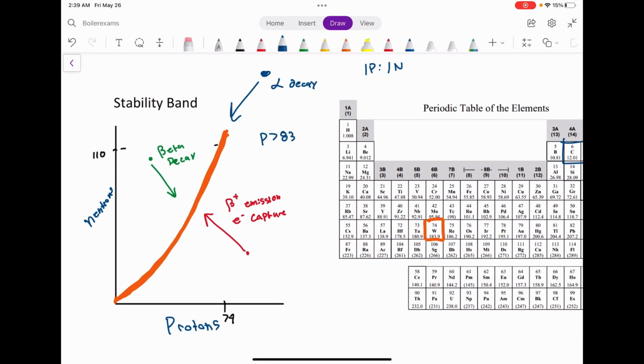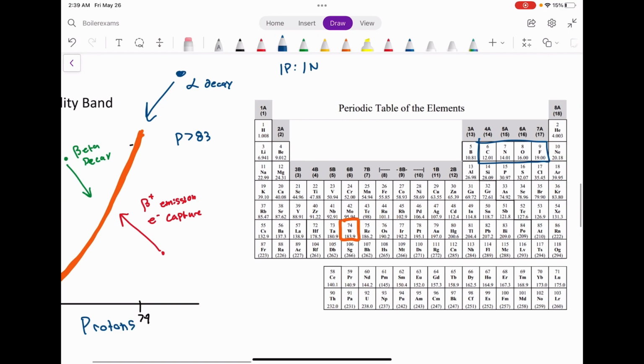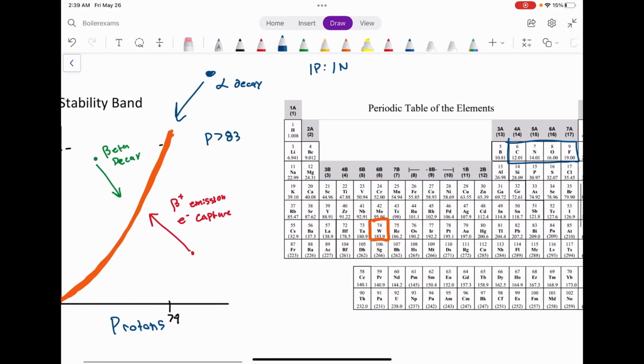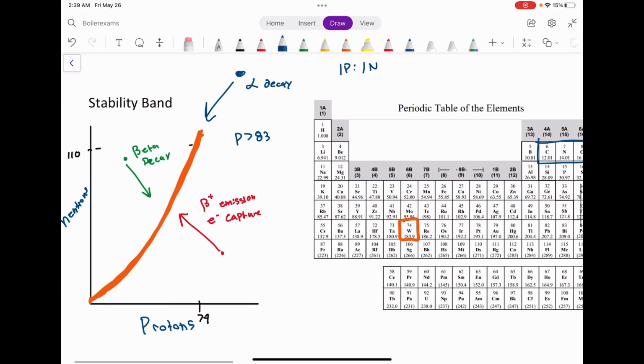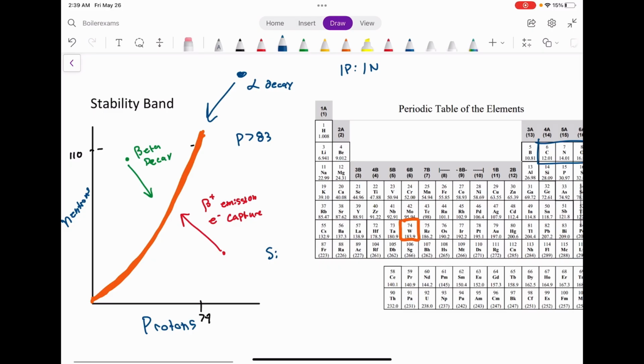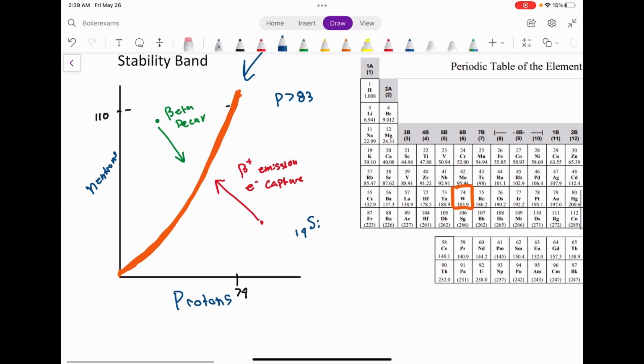Let's do some quick examples of this just to illustrate what I mean. Let's just pick an element at random. Say we have silicon, which is atomic number 14, and let's say we have 50 for our mass number. That means we have 14 protons, and we have 50 minus 14 neutrons, which is 36.